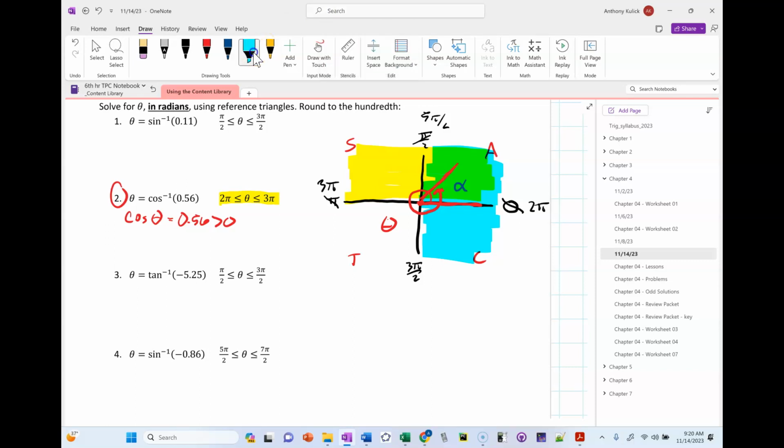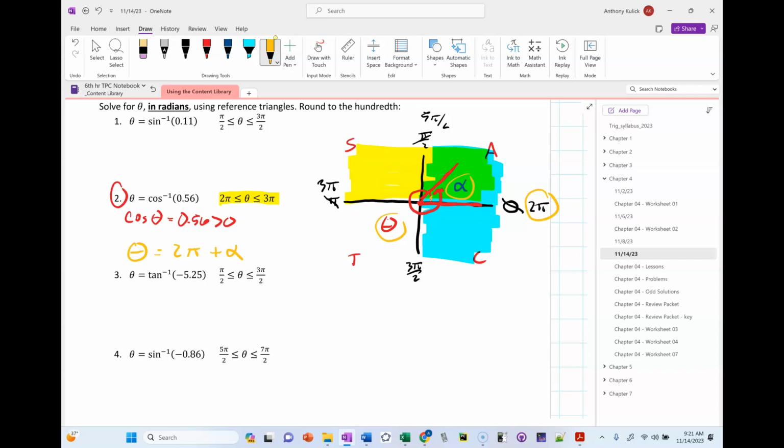So if I want to look now at the relationship between theta, alpha, and that side of the x-axis that makes the other arm of alpha, I can say, okay, well, theta definitely goes past 2 pi. And how far past 2 pi does it go?